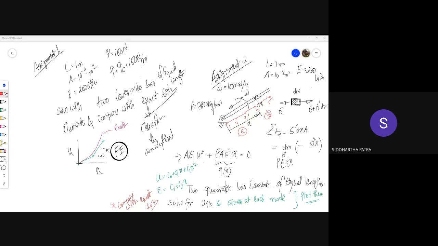Whereas it took us a 2 hour class to establish the stiffness matrix of a single linear bar element and a single quadratic bar element.